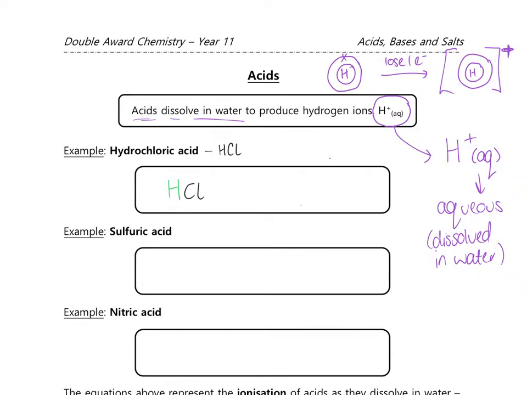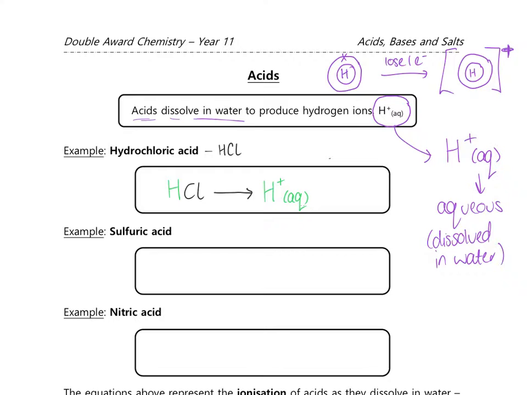So it's HCl, hydrogen and chlorine, and it dissolves in water, and we know that it produces H+ ions, hydrogen ions, because it is an acid. So it produces H+ ions first of all, and it's dissolved in water, so we put the state symbol aq. And then I need to think, what is my other ion going to be?